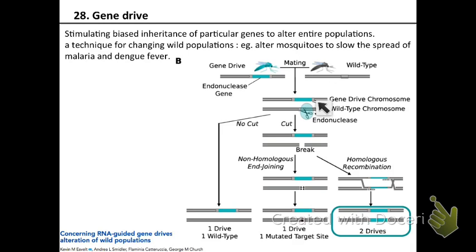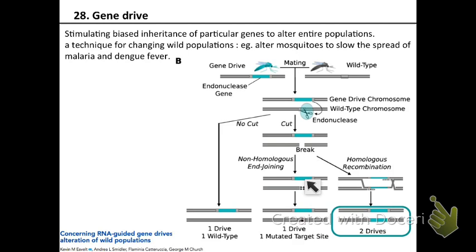Now, if the endonuclease gene is capable of cutting the wild type chromosome, and it produces a double strand break, sometimes that double strand break can be repaired by non-homologous end joining. And what you will have is one copy of the chromosome containing your gene drive, and the other one is going to stay wild type or mutant due to small deletions or insertions. But if this double strand break is repaired by homologous recombination, which starts with resection of these ends, right?